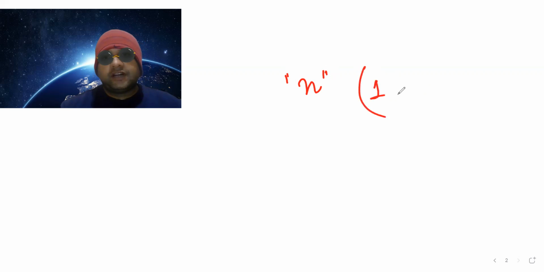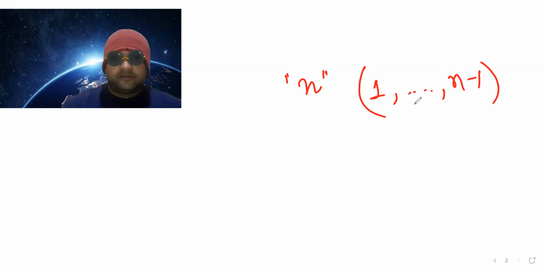First concept is this. If there is a number n, it can only have remainders from 1 to n minus 1. This is the first principle of remainders, and it is very intuitive. For example, say there is a number 3.